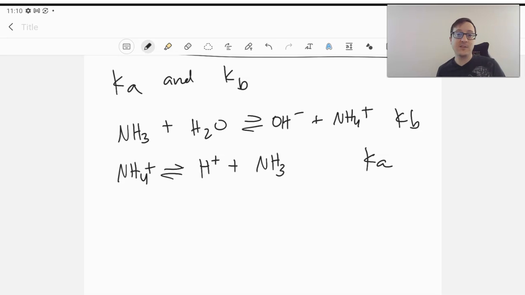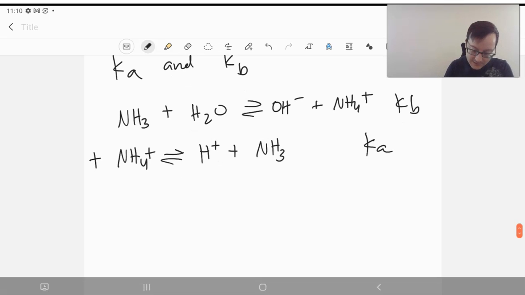And we will see that there's a special relationship when we multiply Kb times Ka. Remember, if we add equations together, we have to multiply the K's, right? That's how Hess's law kind of works for equilibrium constants.